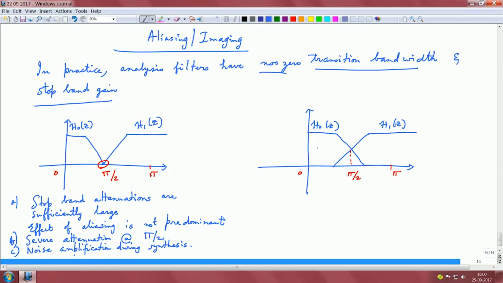Now, if you look at this, you have aliasing possibly because you have overlapping filter responses, a possibility of aliasing.